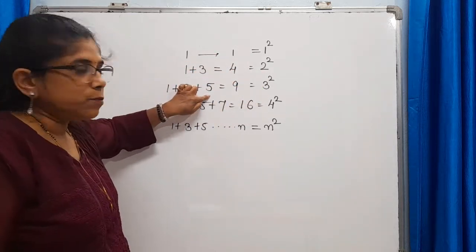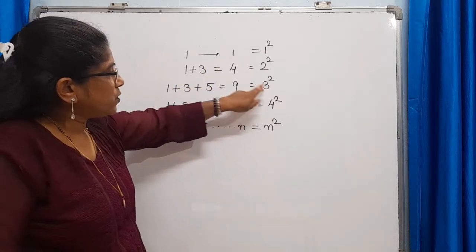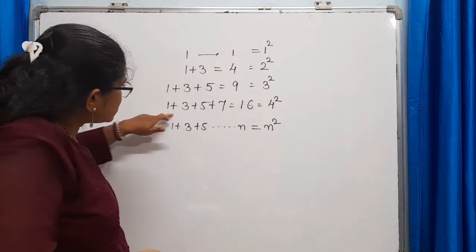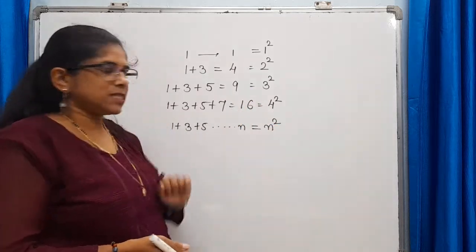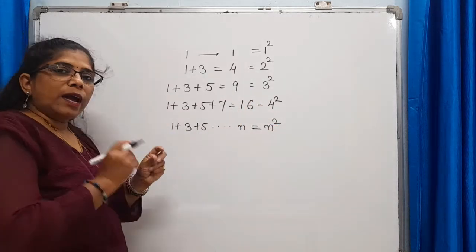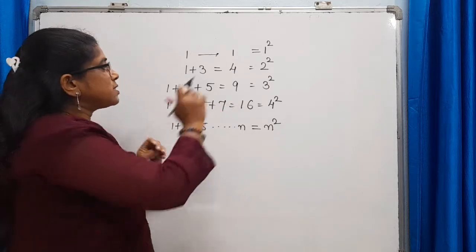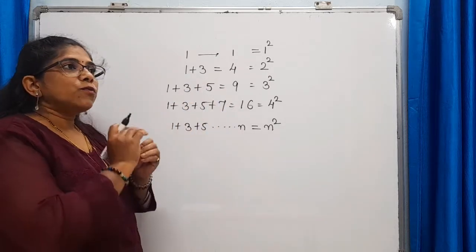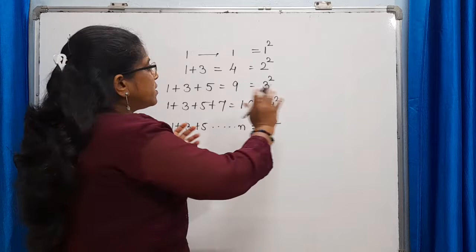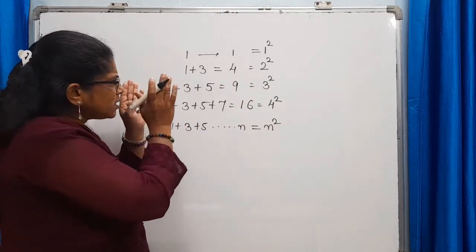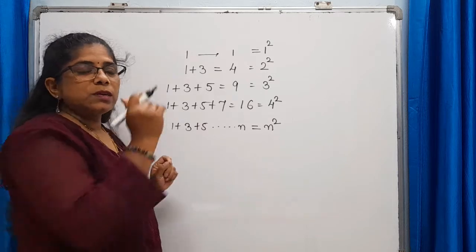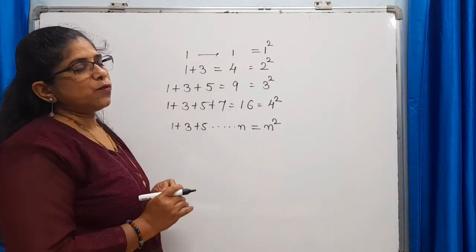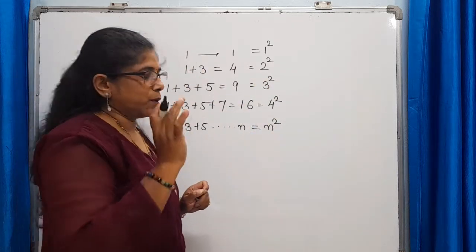Addition of 3 odd numbers, we get square of 3, that is 9. Addition of 4 odd numbers, we get 4 square, that is 16. Similarly, if we add first 5 odd numbers, we will get square of 5. If we add first 10 odd numbers, we will get square of 10. This same concept we are going to use in our next method to find the square root of the given number.